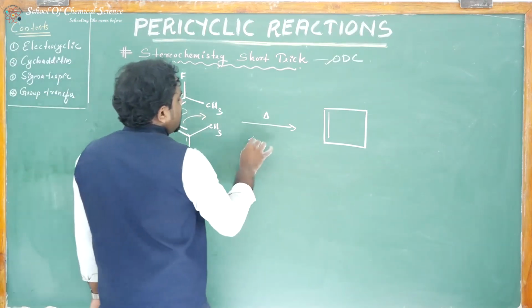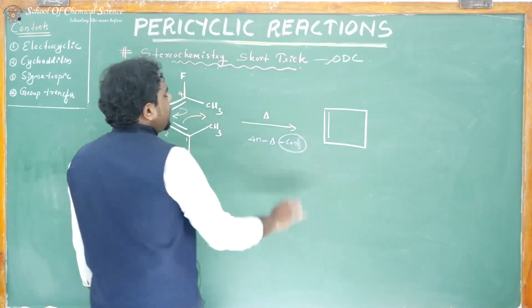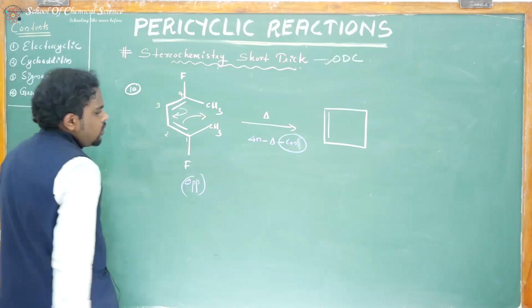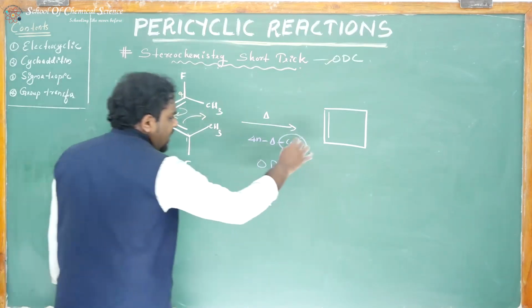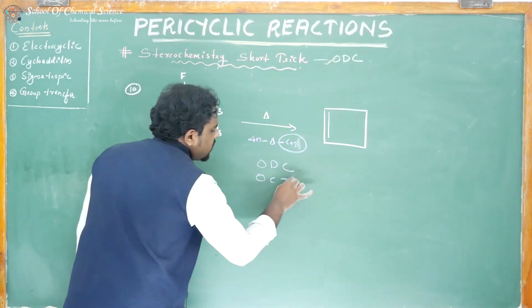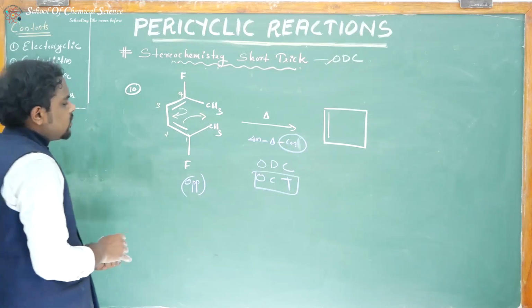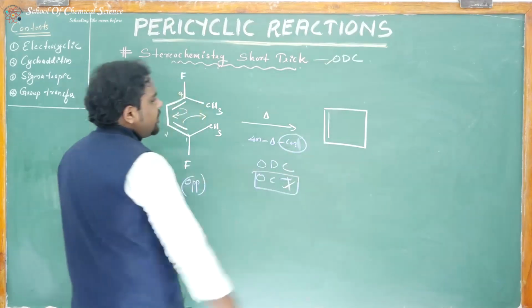The system is 4n. So for 4n thermal, the rotation is conrotatory. Then you can follow the ODC rule: opposite, disrotatory, cis. But here the rotation is conrotatory, therefore opposite, conrotatory, trans. Then the stereochemistry will be trans.